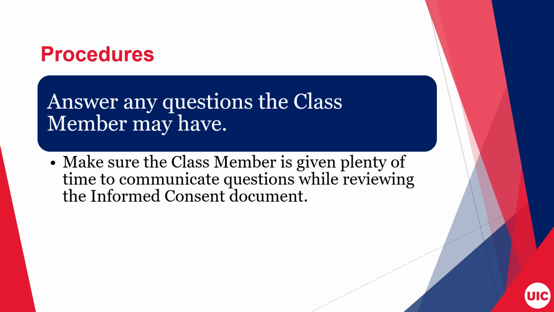Comprehensive program staff should be sure to fully answer any questions the class member asks and provide plenty of time for questions while reviewing the informed consent document. If you do not know the answer to a question, you should find out the answer and communicate it to the class member before they sign the document.